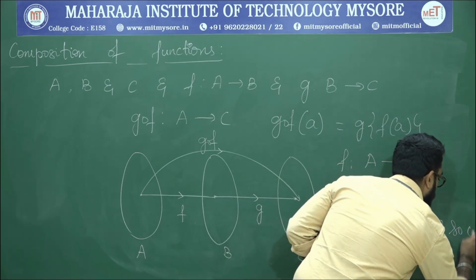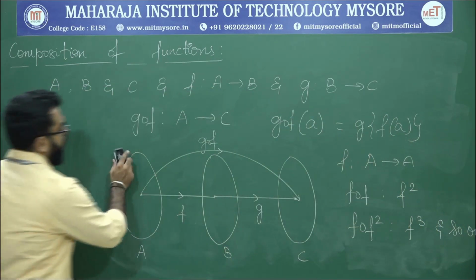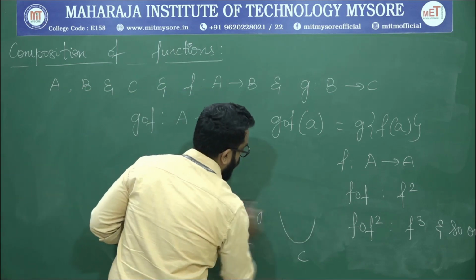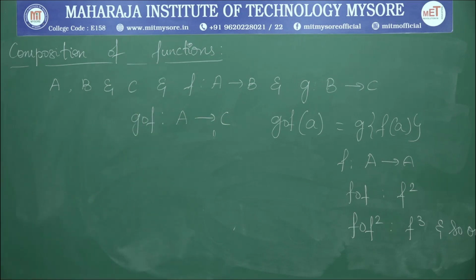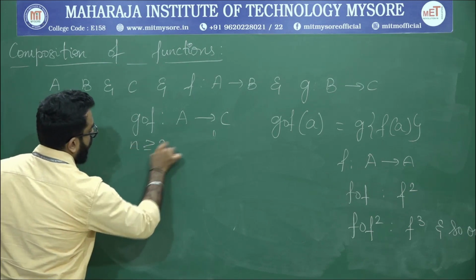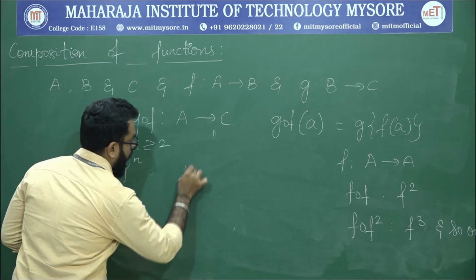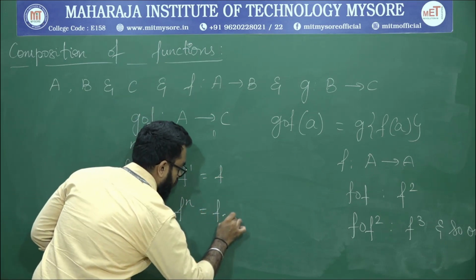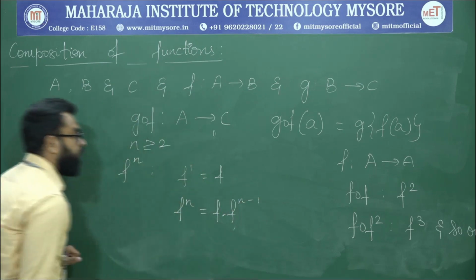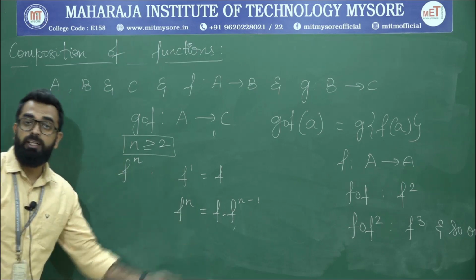Then for any integer n greater than or equal to 2, the function f to the power of n is given by f to the power of n equals f∘f to the power of n minus 1. So for an integer n greater than or equal to 2, we can define this.